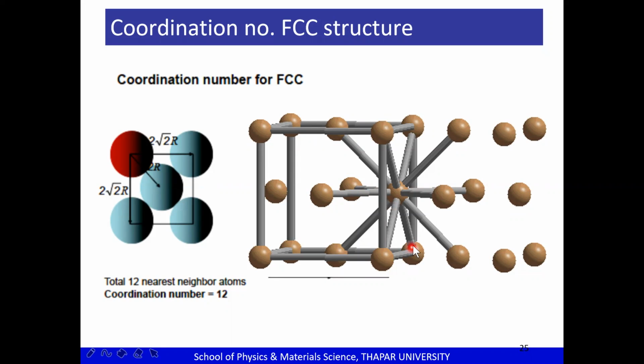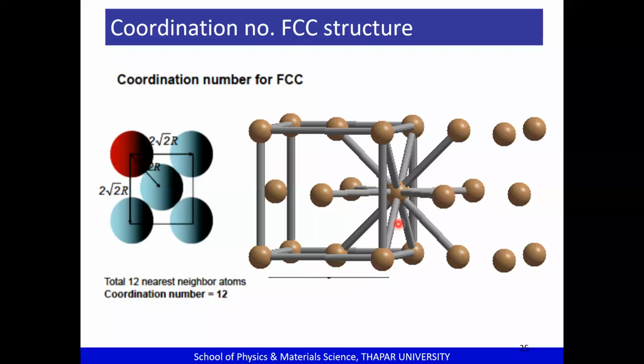4 within the plane, another 4 on the back side of it, and if I look at the front of this, there will be another unit cell whose 4 faces also have one central atom, and all of them are at equidistance. How much distance is that?